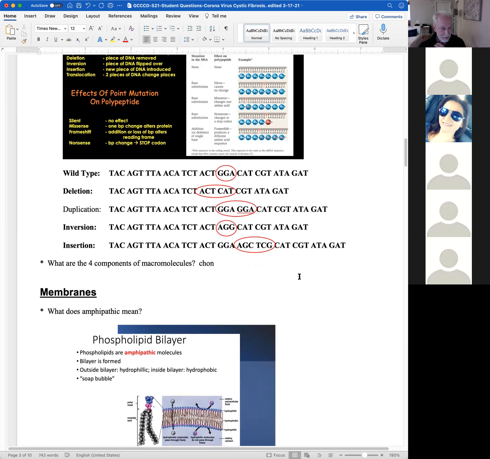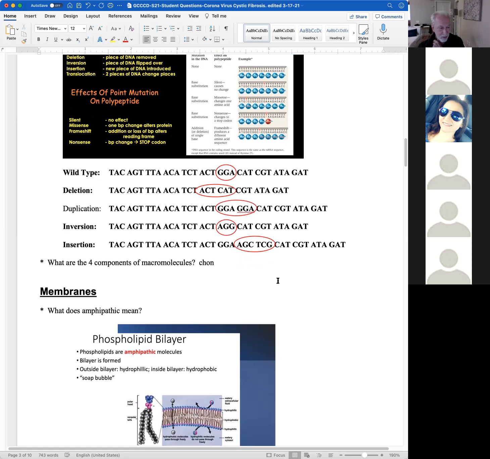There were several questions about macromolecules. The essence of it is, what are the 4 components of macromolecules? They are protein, carbohydrates, lipid, and nucleic acid.